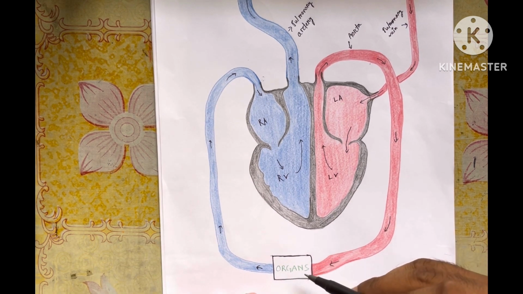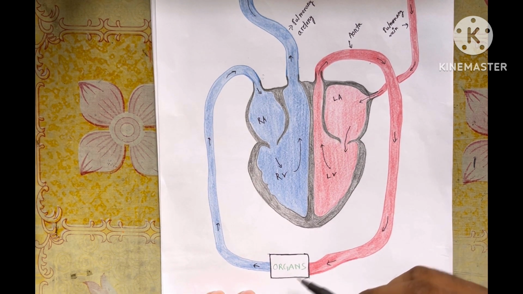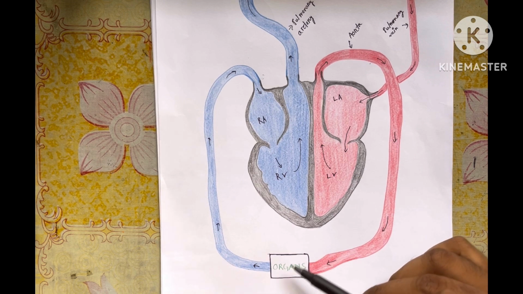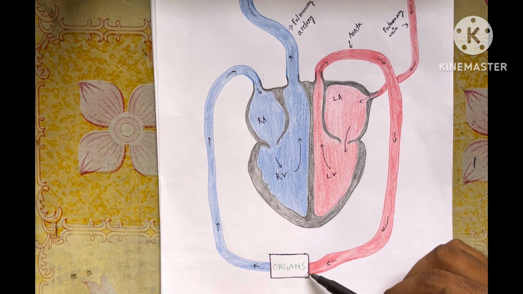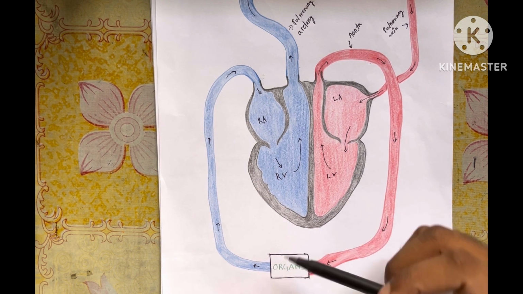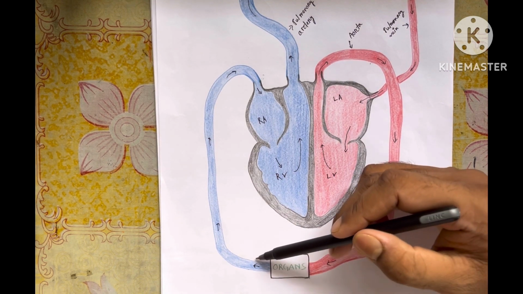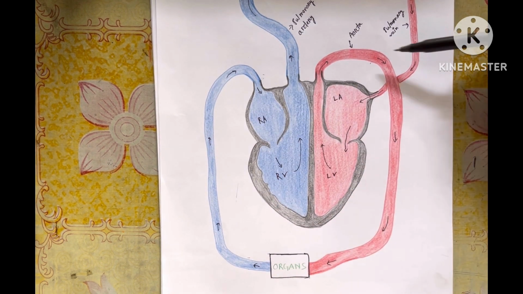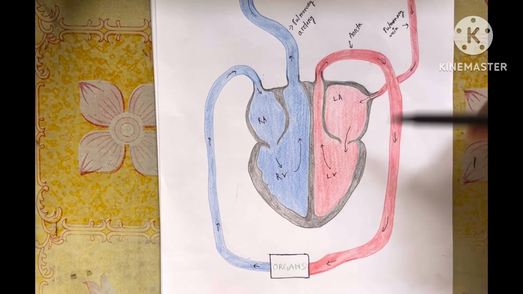Then during the metabolic process, our oxygen containing blood is converted to carbon dioxide rich blood, which again comes back to our right atrium. So this is the circulation.